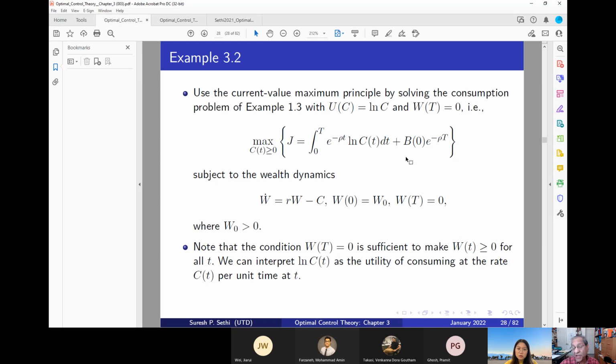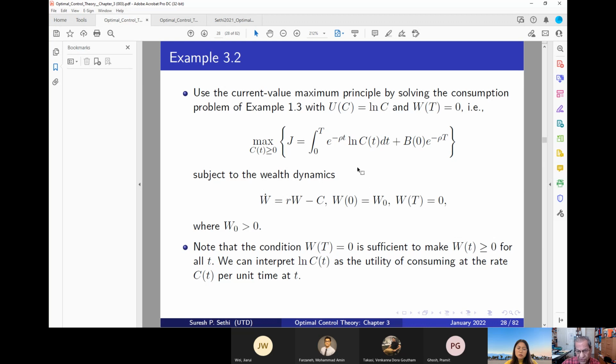So there may be a bequest function, okay? And that bequest function has a value at 0 wealth, and whatever that value is, it's a constant. So once it's a constant, it means that we are only maximizing from 0 to T. This is just a constant.